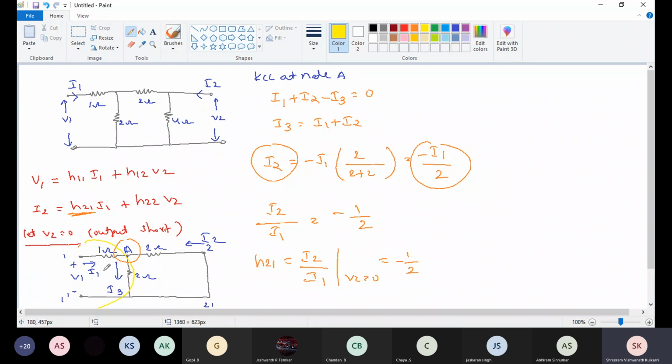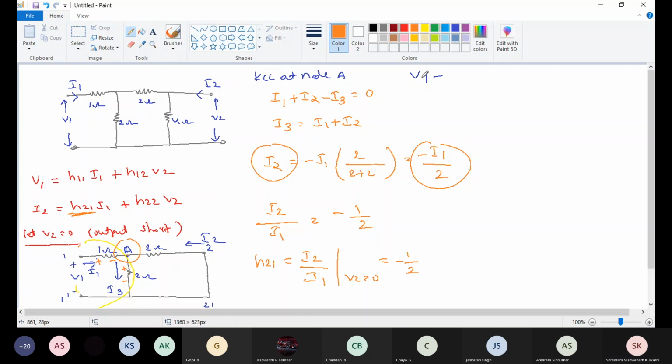Okay, here apply KVL at input port, that is V1. See here, minus to plus V1. First I am going to mark plus minus plus minus.